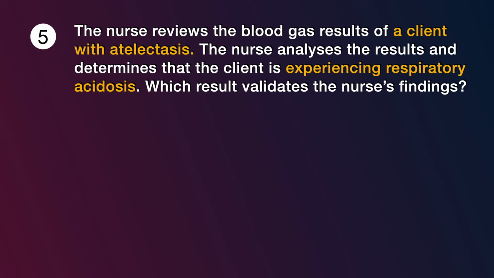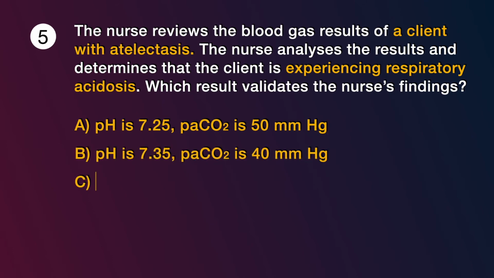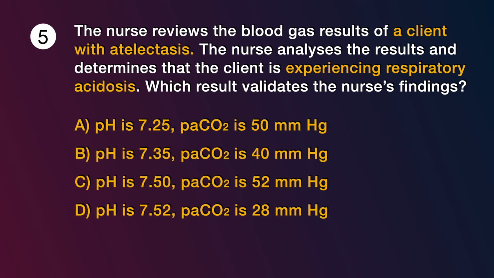Question number 5. The nurse reviews the blood gas results of a client with atelectasis. The nurse analyzes the results and determines that the client is experiencing respiratory acidosis. Which result validates the nurse's findings? Options are pH 7.25, PaCO2 50 mm Hg; pH 7.35, PaCO2 40 mm Hg; pH 7.50, PaCO2 52 mm Hg; pH 7.52, PaCO2 28 mm Hg.